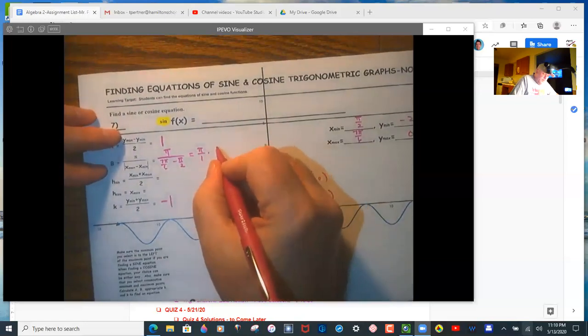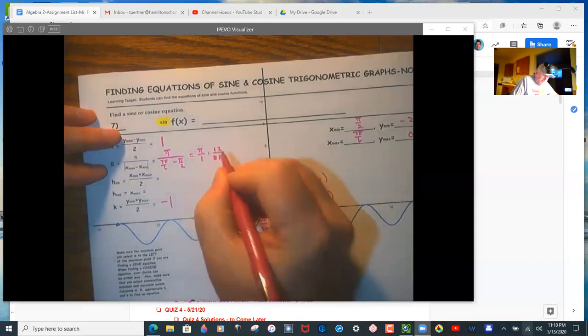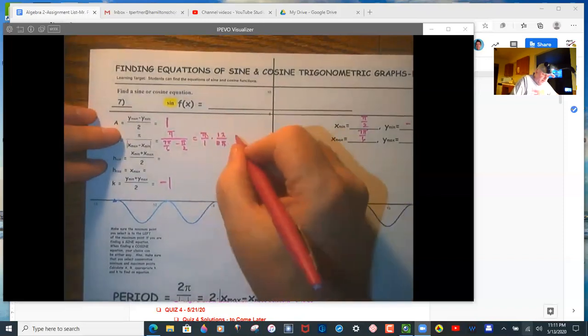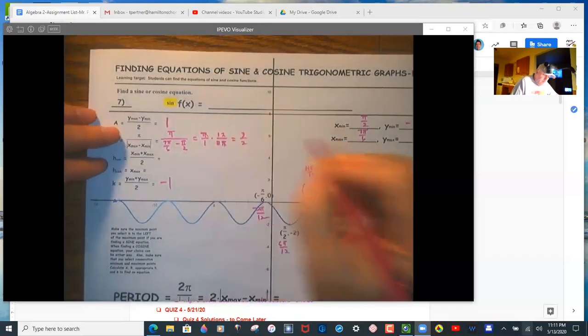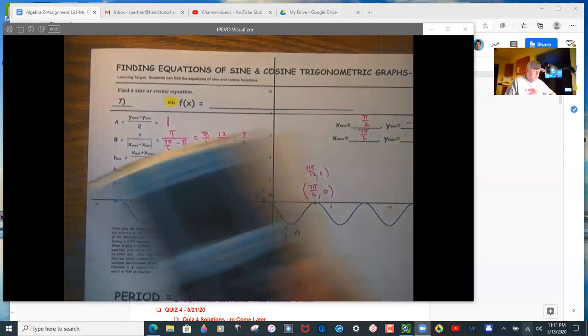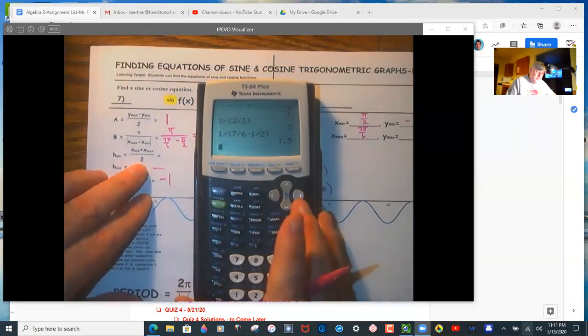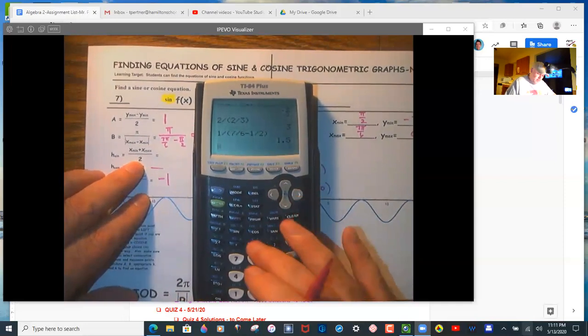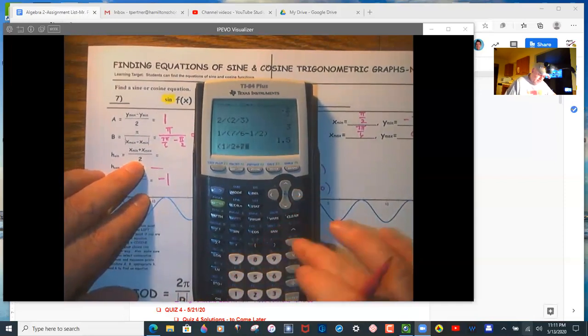And then so 12 is going to be on top, 8 pi is going to be on the bottom. And the pi's drop out. So I'm just trying to say that the pi's always cancel out, but you can just enter it in without the pi's. And then h sub sine, we're going to do 1/2 plus 7/6 divided by 2 and put the pi back in.